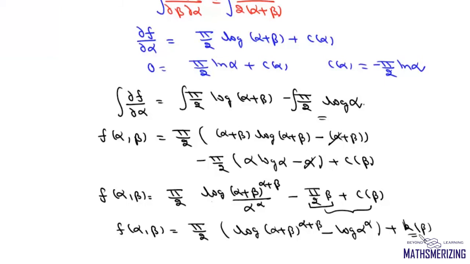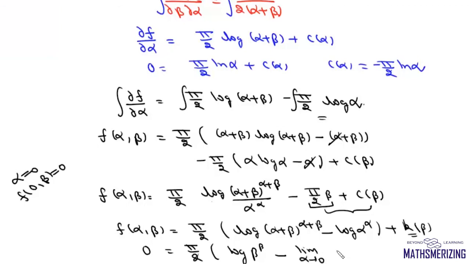Now we'll need to find this k beta, and for that we have to use the initial condition, and the initial condition is when alpha is 0, then f 0 comma beta will be 0. So 0 will be pi by 2 and then log, if we put alpha as 0 we'll get beta to the power beta, and minus this limit alpha tends to 0 of alpha log alpha, plus k beta.